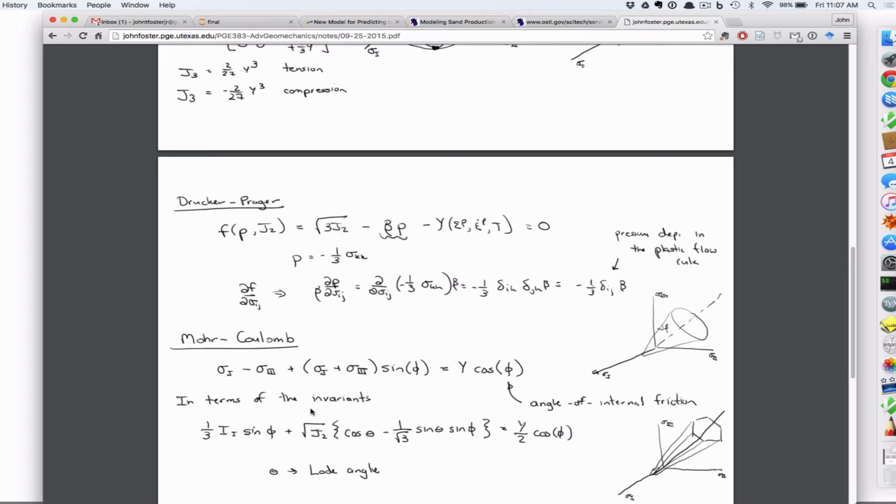It just means that we already know what this term comes out to: S_ij. But then we have this term, and if you take its partial derivative with respect to sigma ij, you get this guy, 1/3 delta ij beta. So this needs to be included in your flow rule, and I'll write that down in a second.